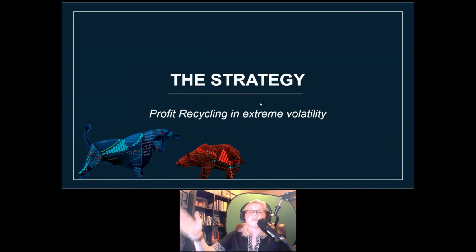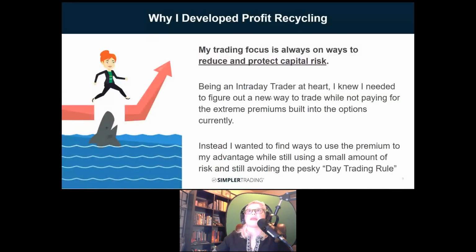And so, profit recycling, and specifically with extreme volatility, let's talk a little bit about the strategy. Why did I develop profit recycling? Well, my trading is always focused on how to reduce and protect capital risk. And starting in those larger accounts, I was more an intraday trader at heart. I never wanted my capital out there for too long. I liked taking the quick hits and then bringing it back in.